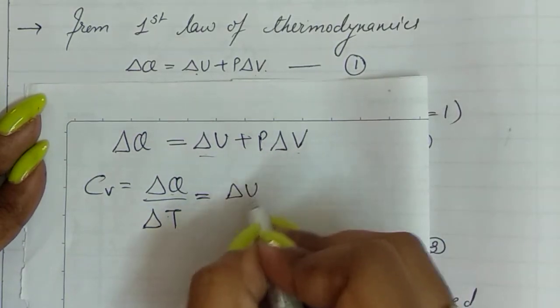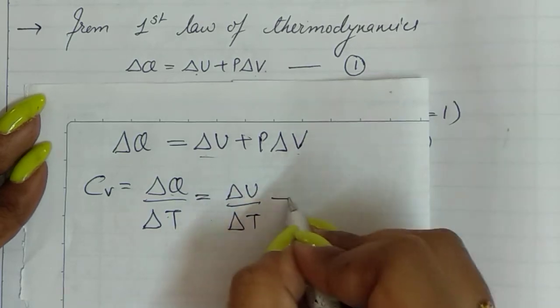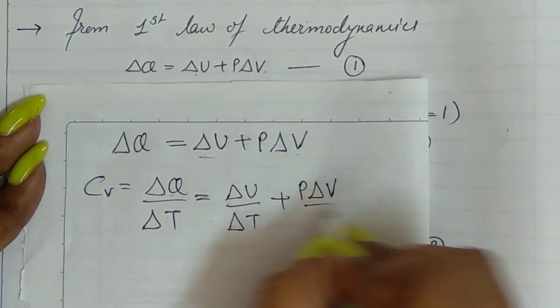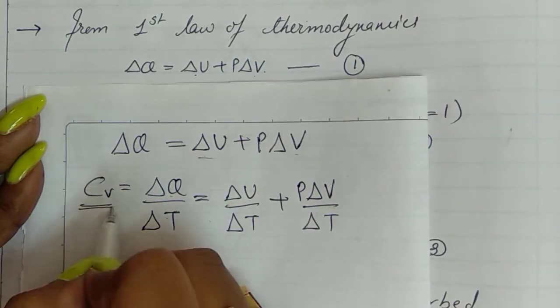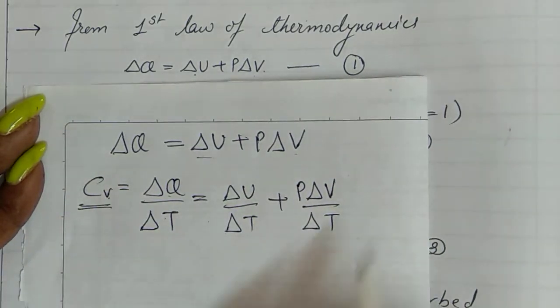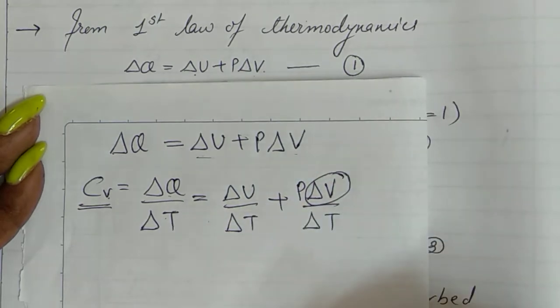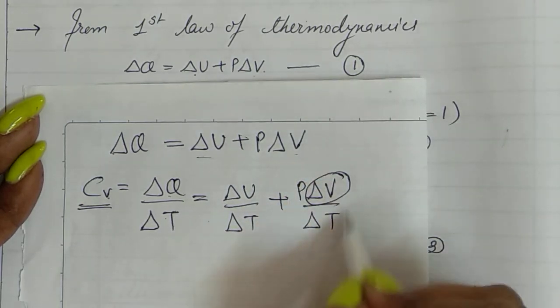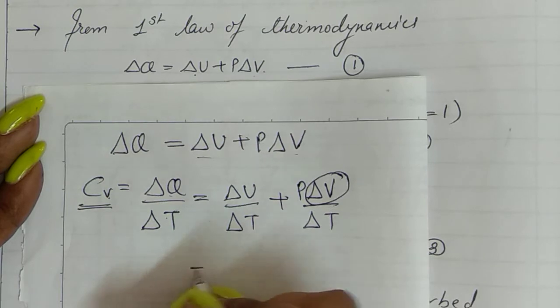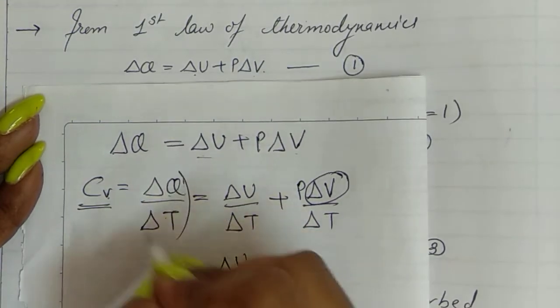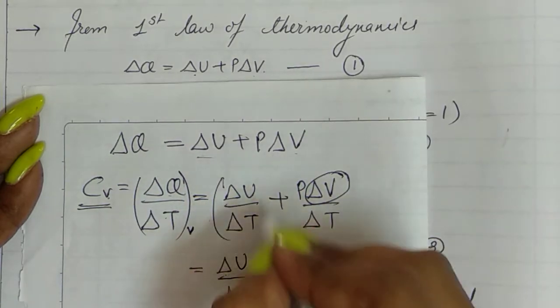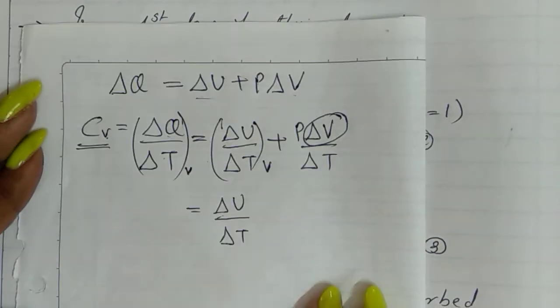That will give me delta U divided by delta T plus P delta V divided by delta T. But I am obtaining specific heat capacity at constant volume, which means delta V equals 0. So this whole quantity becomes 0, and I will get delta U divided by delta T. This is at constant volume, so I'll write here for constant volume.